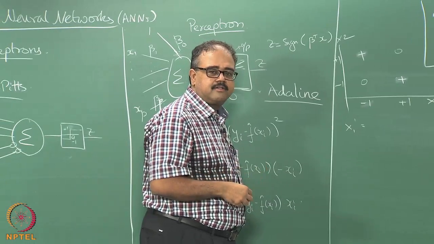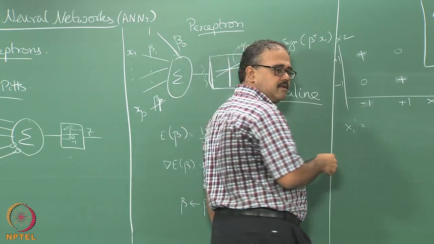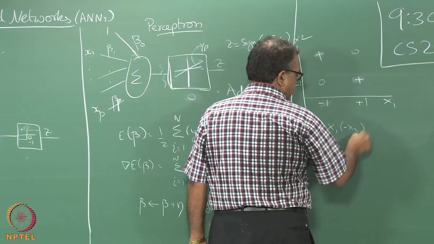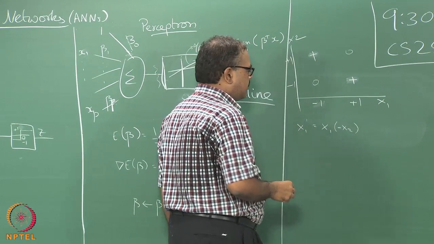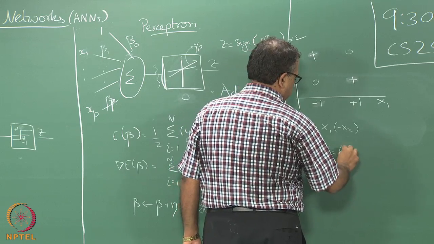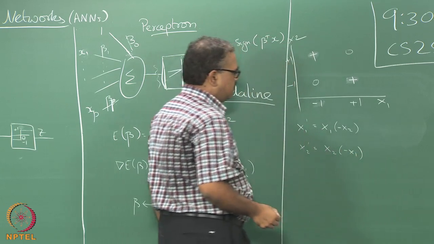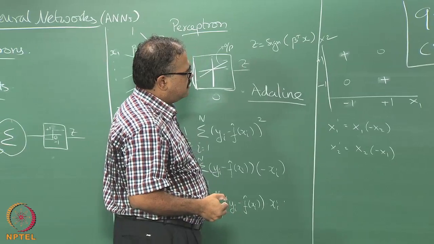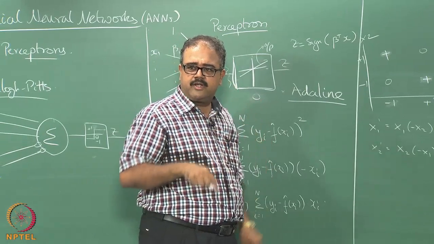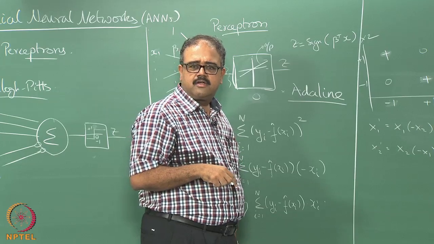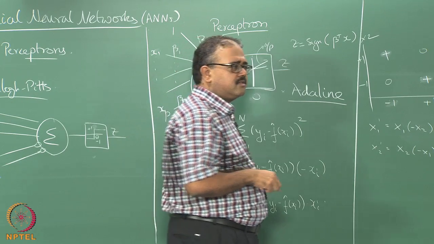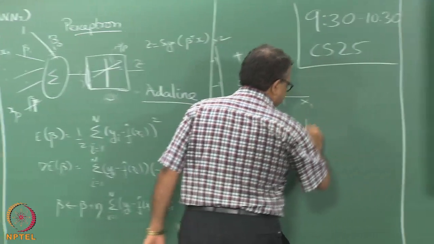What should I define? Will it work? Times, okay, x1 into minus x2 and x2 into minus x1. So now what will happen if I do the projection of this data?